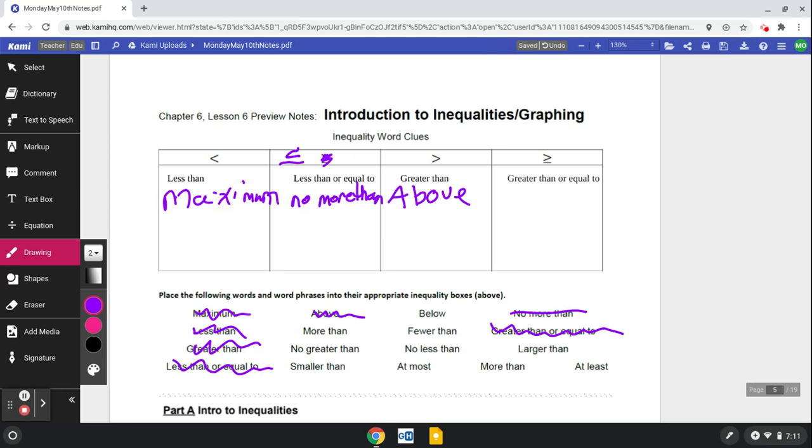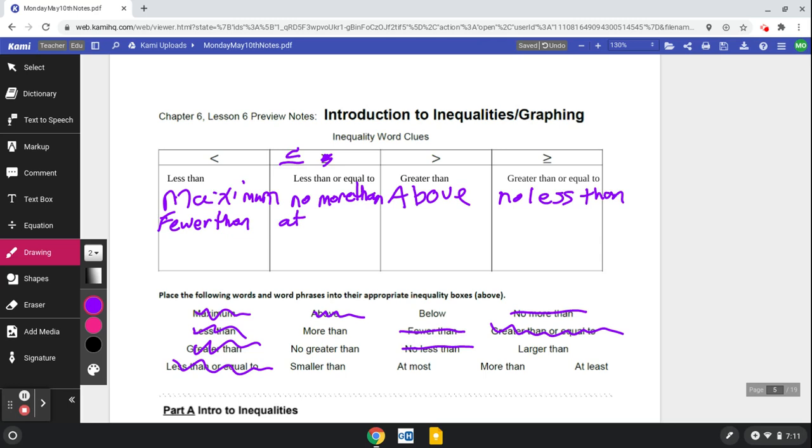Fewer than. So it has to be something that is smaller than another. No less than. That means it can be that number and bigger. At most, it's going to be this one.